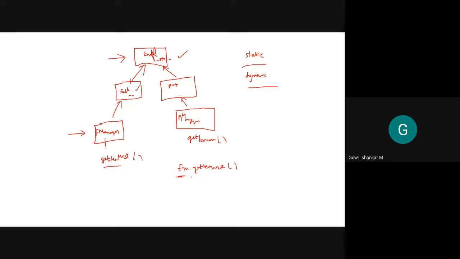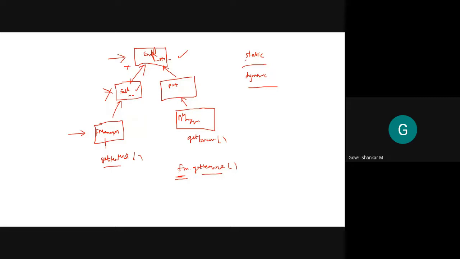This can be decided immediately because get tenure is available only in this class. It is not available in the superclasses of F manager; here it is not there, and here also it is not there. It is present only in the F manager subclass. So whenever you see this call, you definitely know that you are going to call the function that is available in F manager.